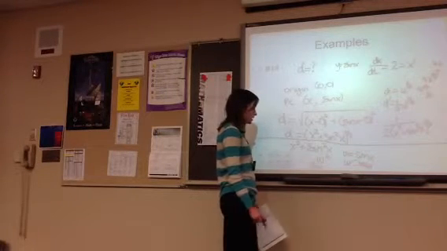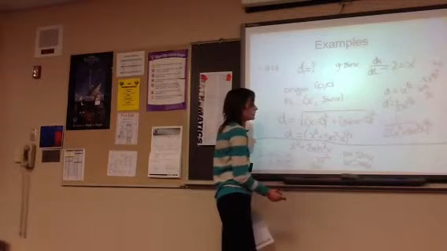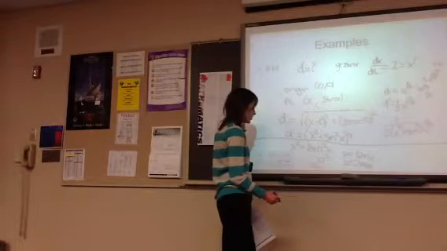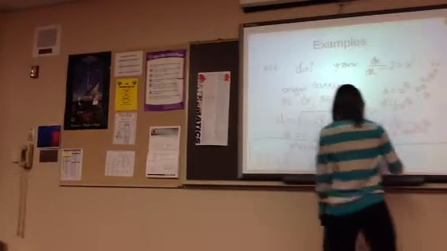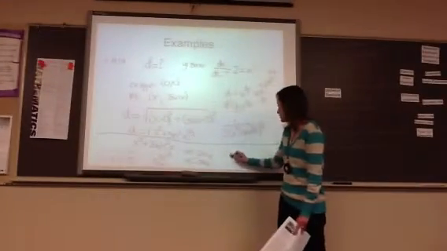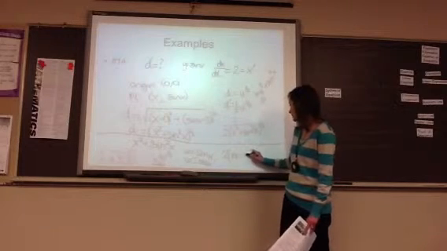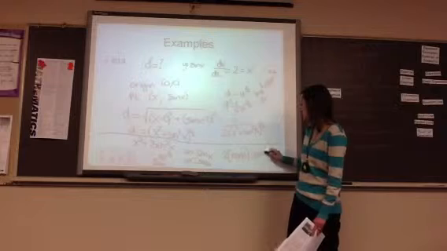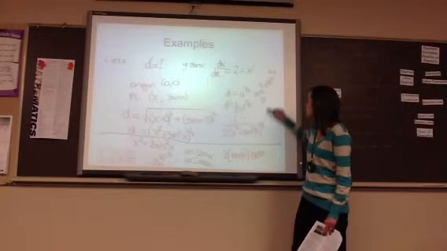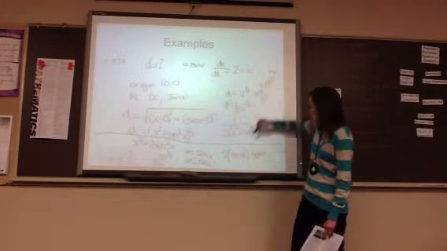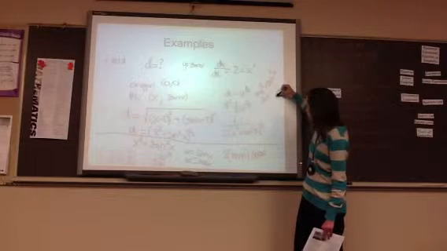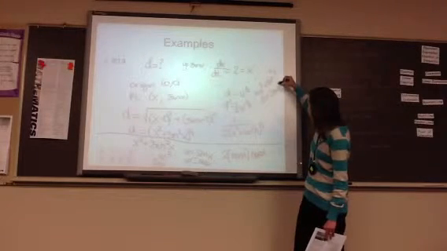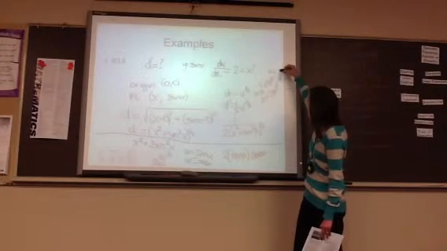Okay, so we got 2w. So let's put it back together. So we got 2 times sine of x times the derivative of w, which is cosine x. So we got 2x plus 2 sine x cosine x.